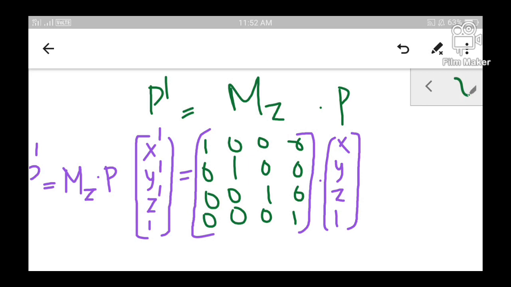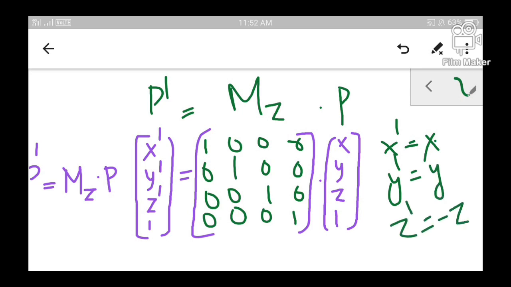When third row of mz is multiplied to p, you will get z dash, and when fourth row of mz is multiplied to p, you will get 1. So these are the equations that I want. I want x dash equal to x, y dash equal to y, z dash equal to minus z, and 1 equal to 1. What are the changes that I observe?